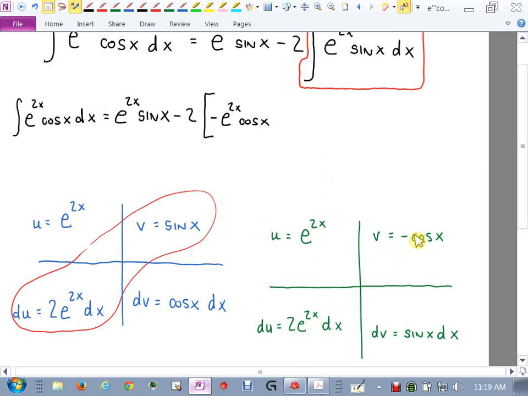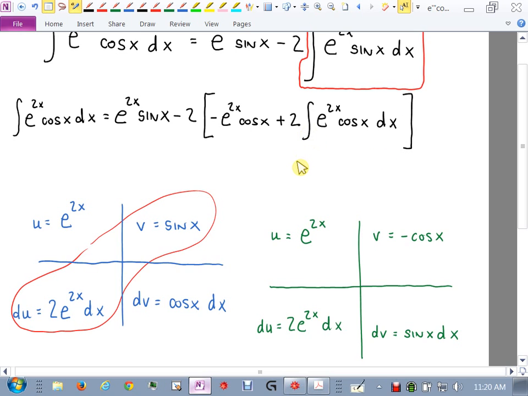But doesn't my voodoo have a negative there? Negative times a positive 2. But then I'm subtracting it, so it should become what? Plus 2. So is it all right if I put plus 2 there? Integral of e to the 2x cosine x dx, close my bracket.